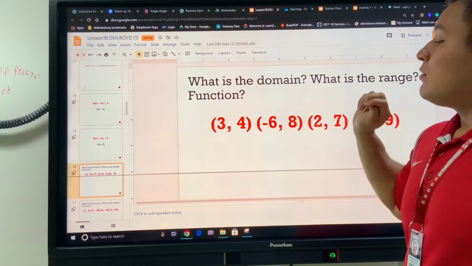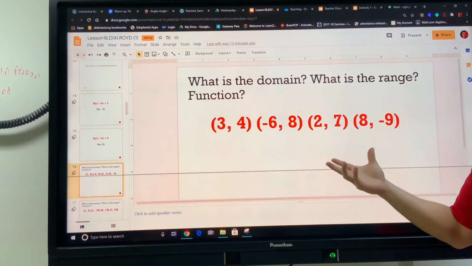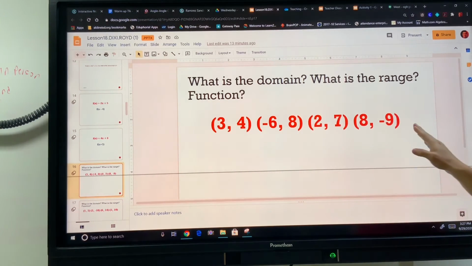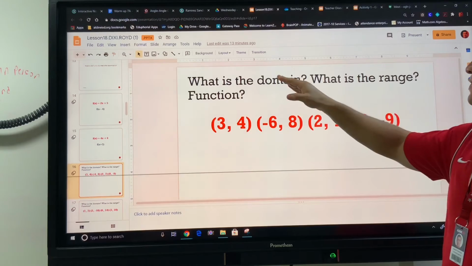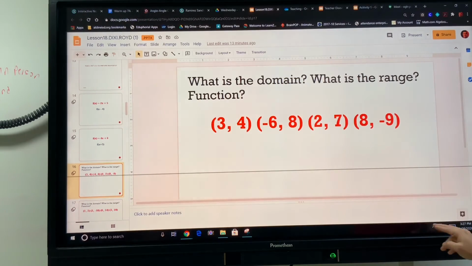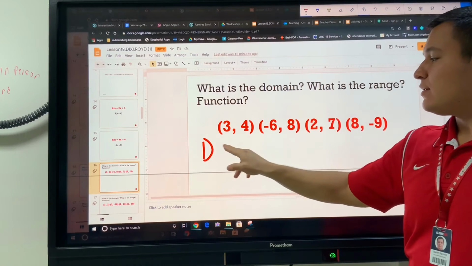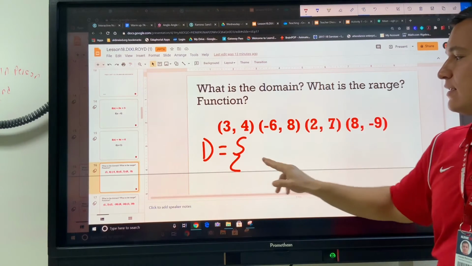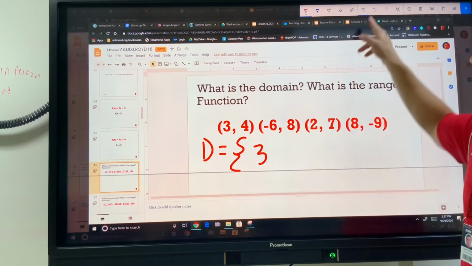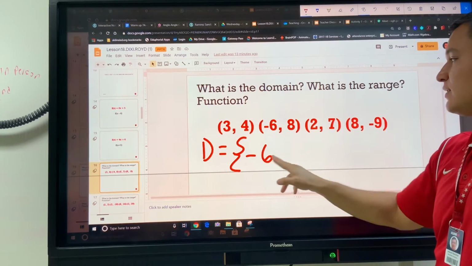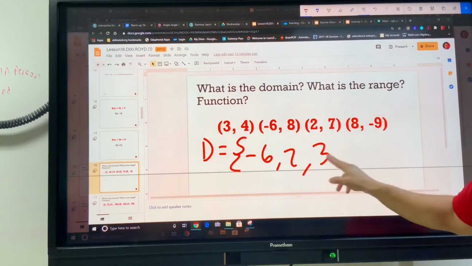One more time. We'll only do one of these in this video. If you're given a list of ordered pairs and it asks you for the domain and the range, then the domain is the set of the x's. But we need to put the x's in order from least to greatest. -6, 2, 3, 8.